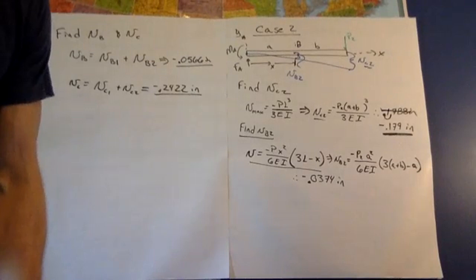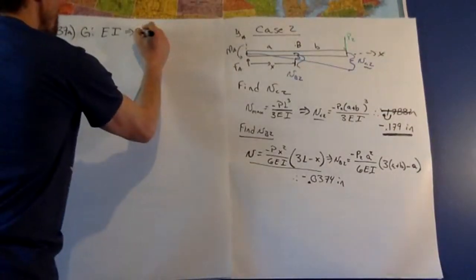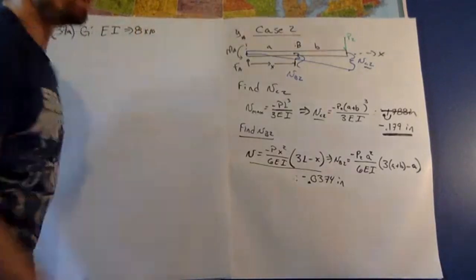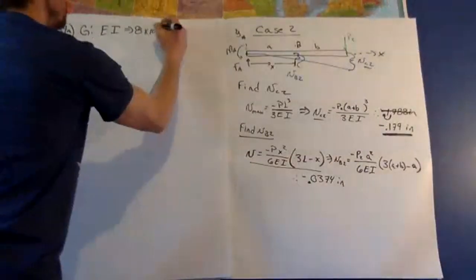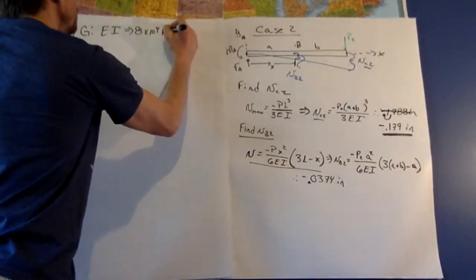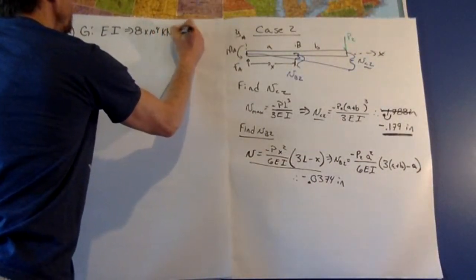So with that, first of all, we have a given, and we have an EI, which is equal to 8 times 10 to the 4 kilonewton meters squared.